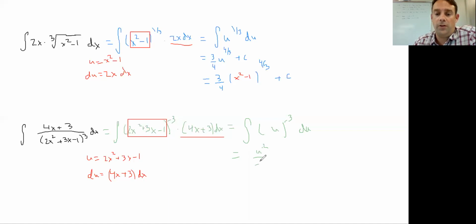I'll bring out that negative 1/2 here in a second. So we're able to rewrite it. What was u equal to? 2x squared plus 3x minus 1.